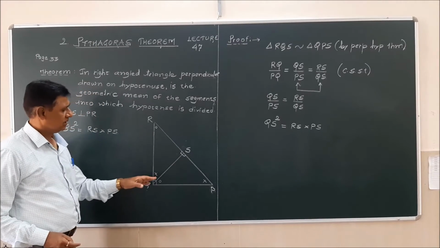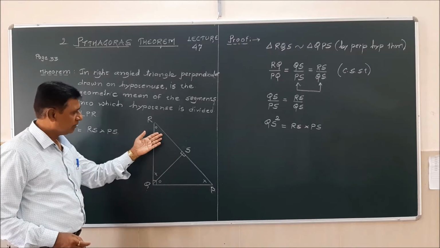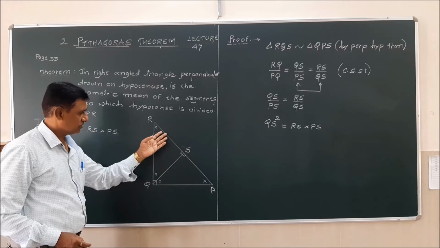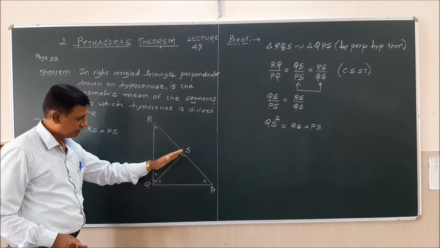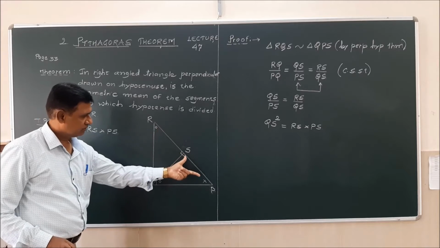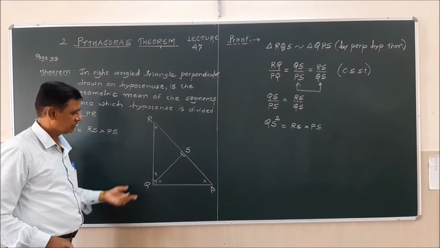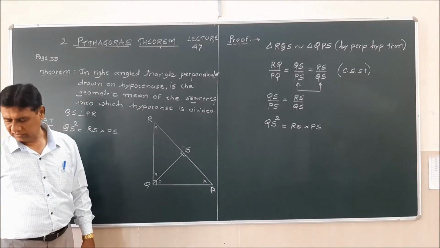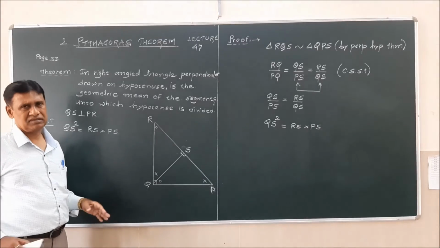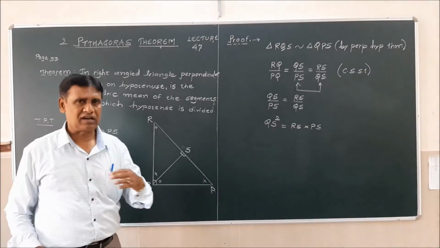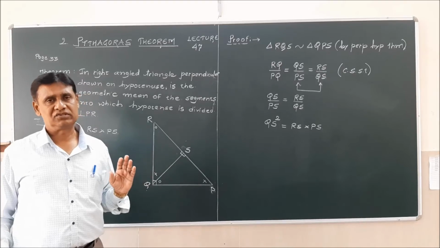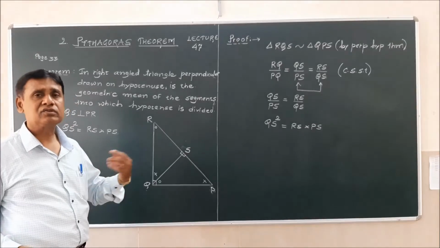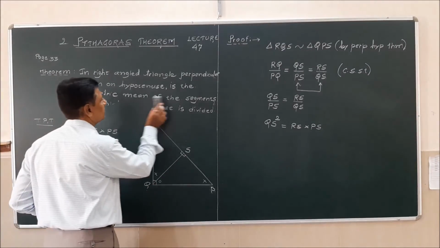So you will find that perpendicular is a geometric mean of the parts of the hypotenuse, because of QS, two parts formed, namely RS and PS. This theorem's proof they never ask. So far, proof is not asked in any one of the examinations. But the important thing is the property, because we have to use this property many times.